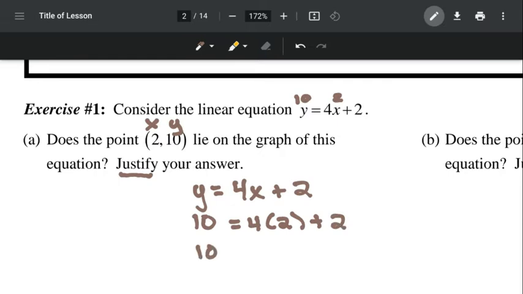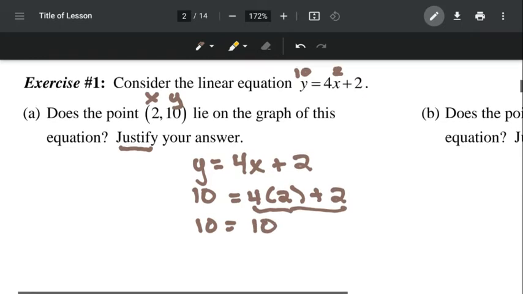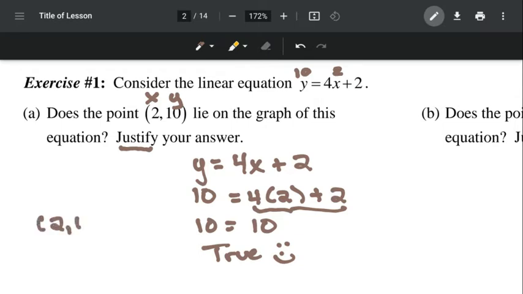I have a 10 on the left, and I'm going to put that in my calculator or do it in my head. 4 times 2 is 8. 8 plus 2 is 10. Look, both sides are equal, so this thing is true. And if it's true, let's answer the question. Does the point 2, 10 lie on the graph? Yep. So I'm going to say the point 2, 10 is on the graph.